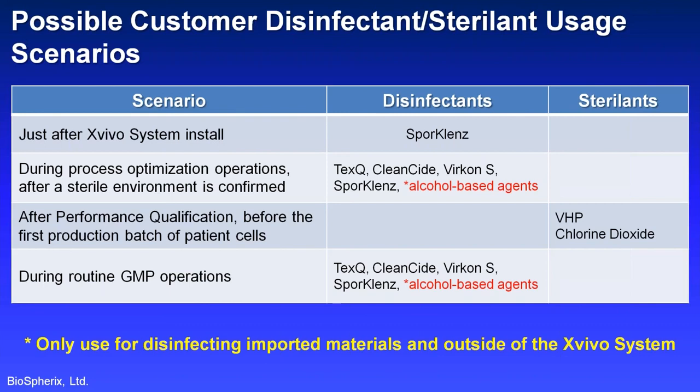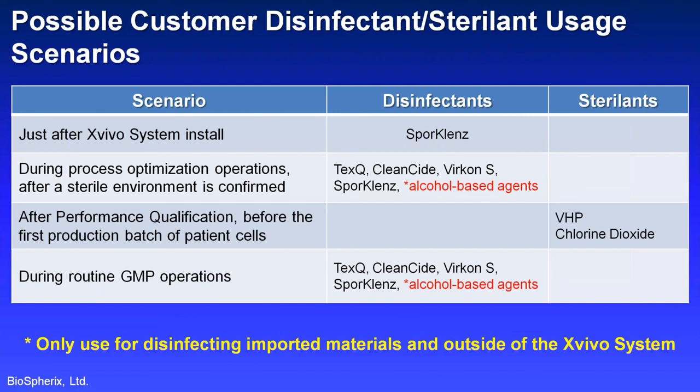You could use TexQ, Vercon S, and or CleanSight for once daily disinfection of the proper risk surfaces in the Xvivo system, and use sporicides for once weekly disinfection. Imported materials need to be disinfected in the laminar flow hood. Use proper disinfectants.